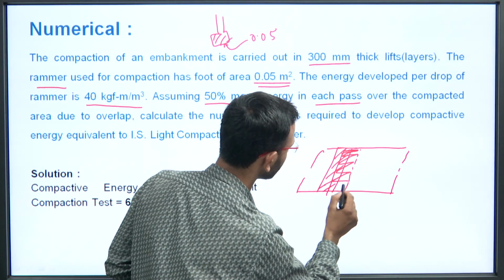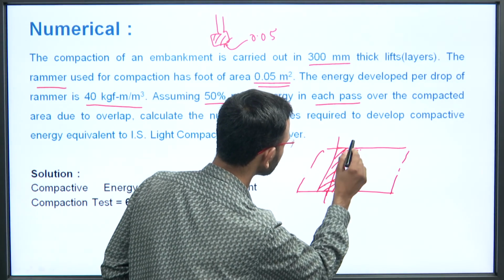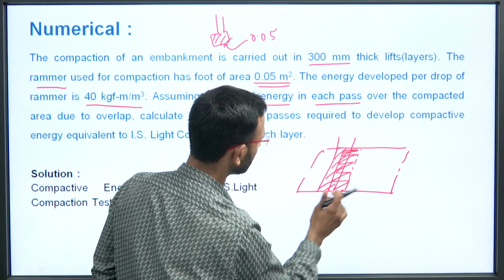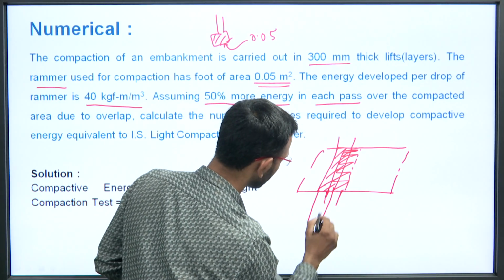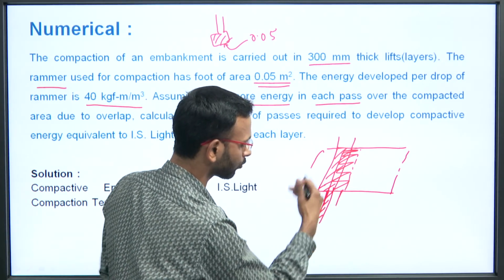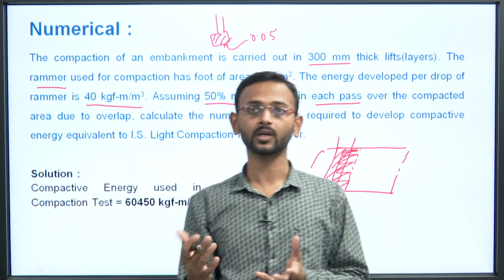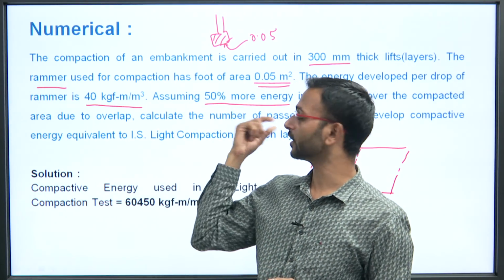In the first one it was this much area, so in this overlapping portion, it is compacted twice, so 1.5 times more energy is given. Due to the overlap, 50% more energy was imparted to this area.